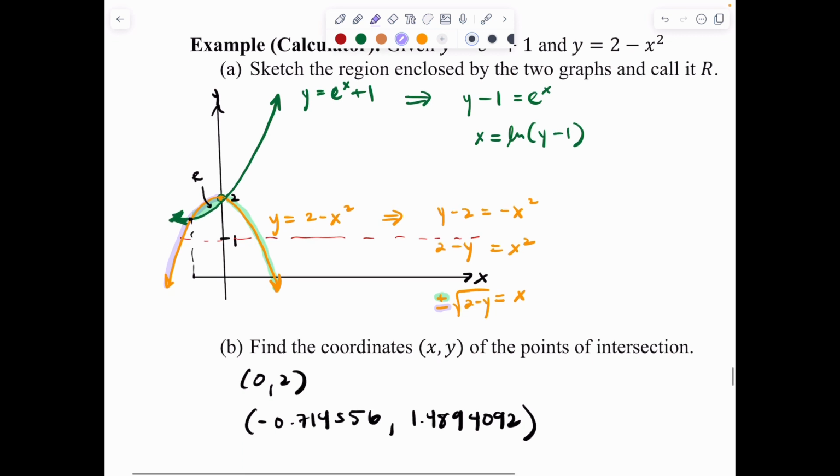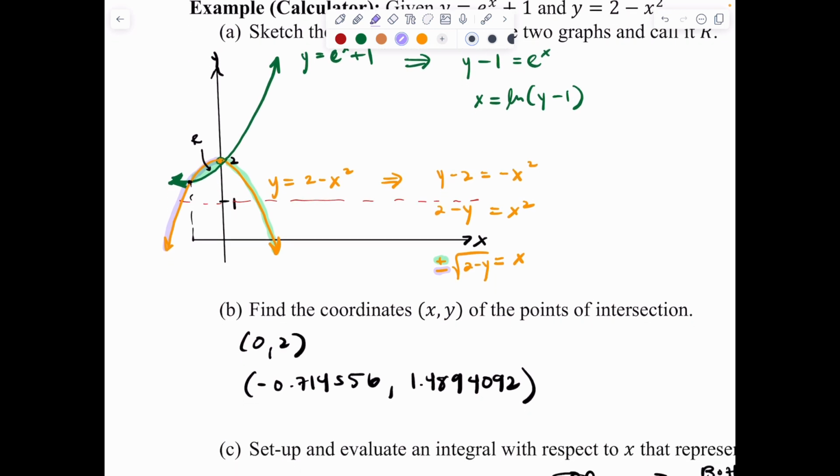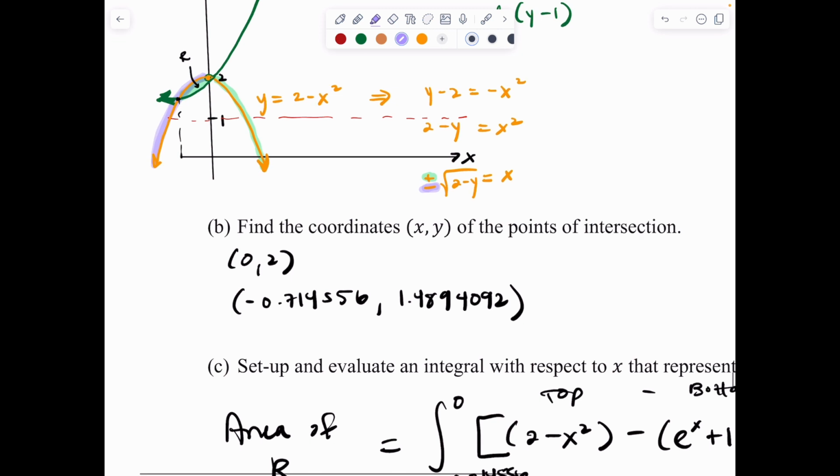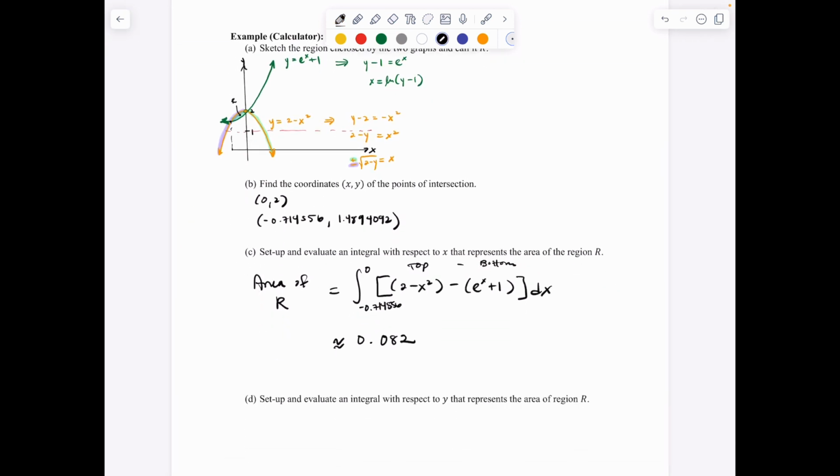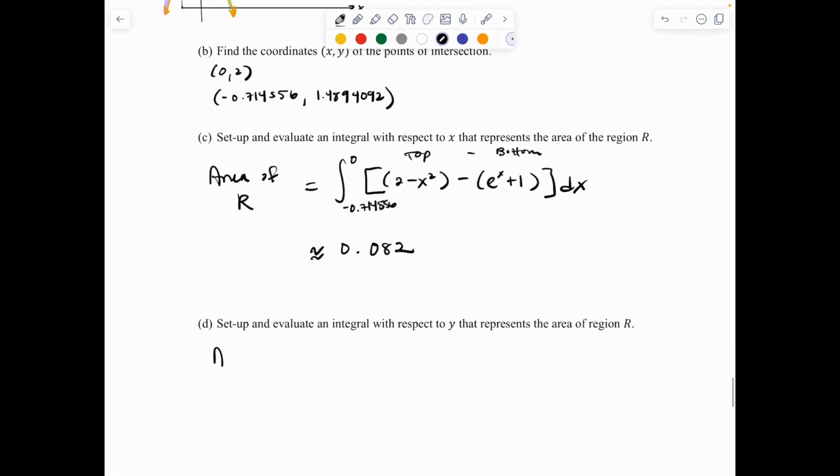For coming up with the area here, we're just going to want to use the left side of the parabola, so the minus here is what will be used. And then we're thinking right minus left whenever we set up our integral.